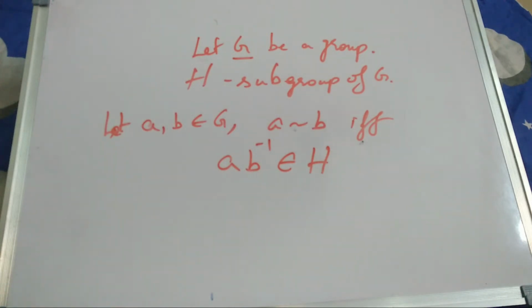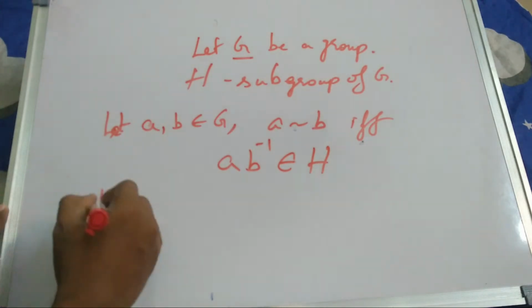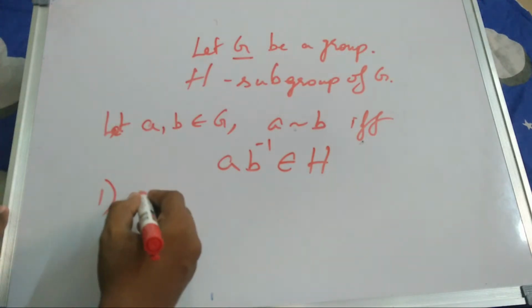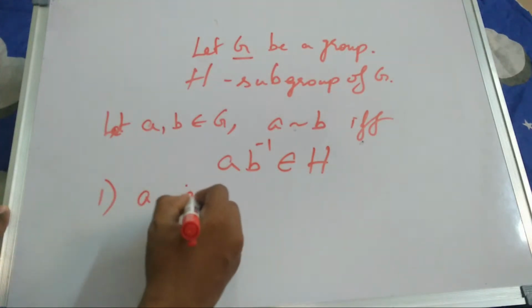Now, to prove that a relation is an equivalence relation, we will prove three properties: it is reflexive, symmetric, and transitive. For reflexive, what we need to prove is that a is related to a.